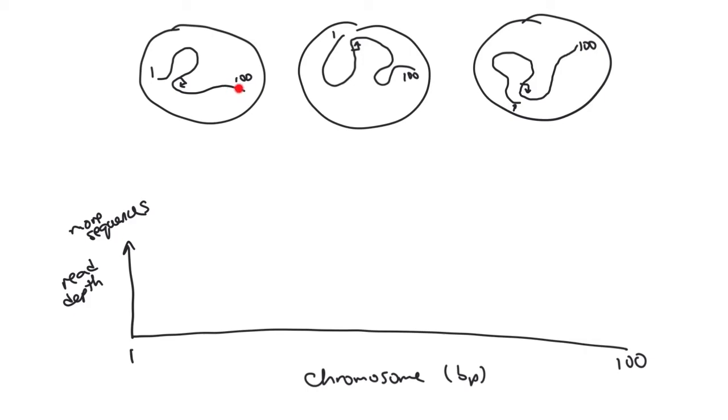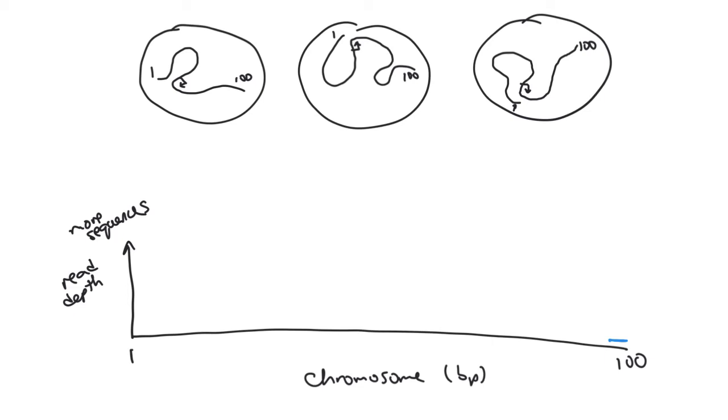It's also not in contact with other regions of the chromosome, so we wouldn't see sequence from this in 4C-seq. And if it's in heterochromatin, no transposons would have inserted there, so we won't get any DNA sequence associated with that nucleotide. So in this case, if we plot in blue the read depth, the number of DNA sequences we get out of any of these techniques, it would be low.